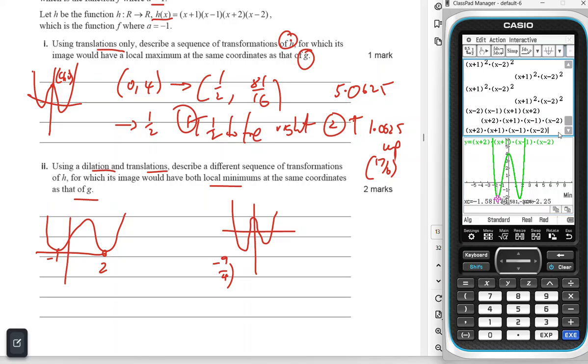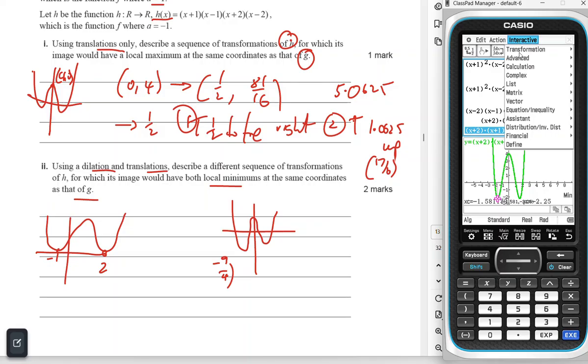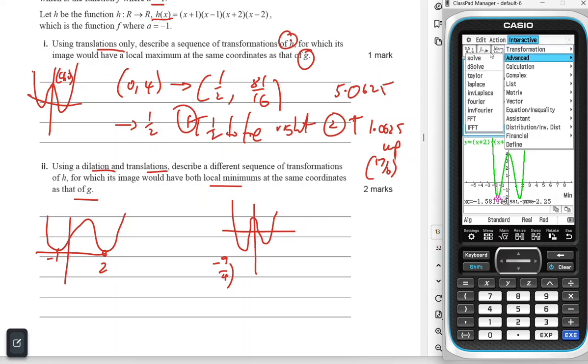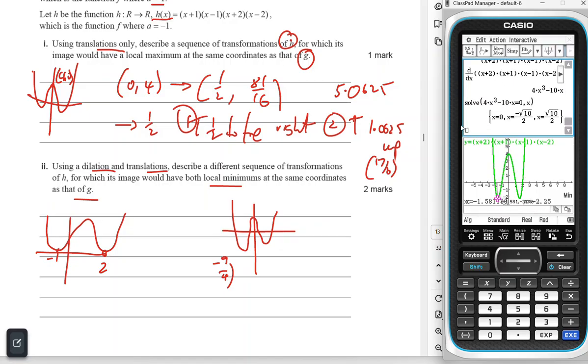So if I'm looking for the derivative of that and set it equal to 0 and solve for x, I've got negative root 10 on 2 to positive root 10 on 2 and negative 9 on 4.